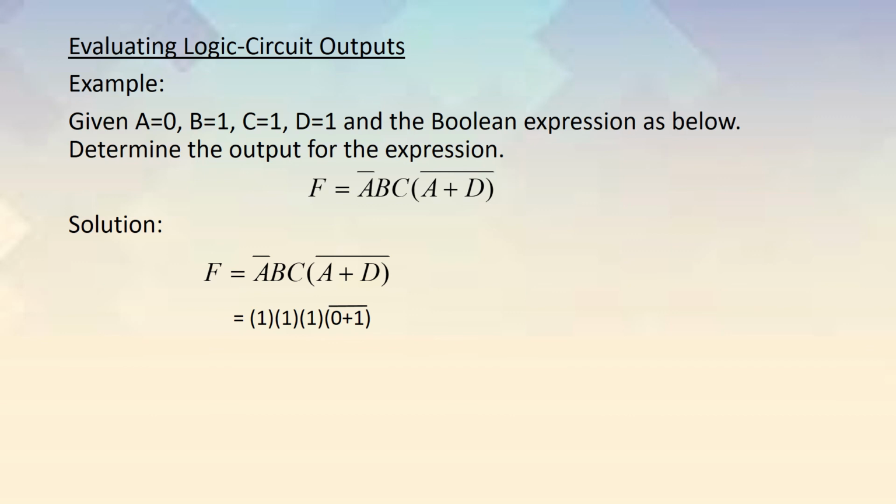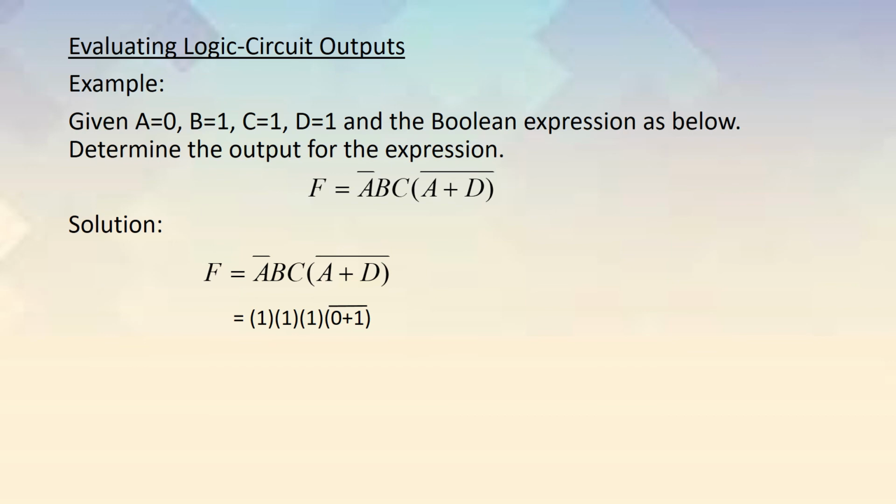For example, look, if the equation wants A inverse, we must put 1 because A is 0, so the inverse of 0 is 1. B, nothing, so put the original number 1. C also 1. A, nothing, so put also the original number 0, and D also 1.